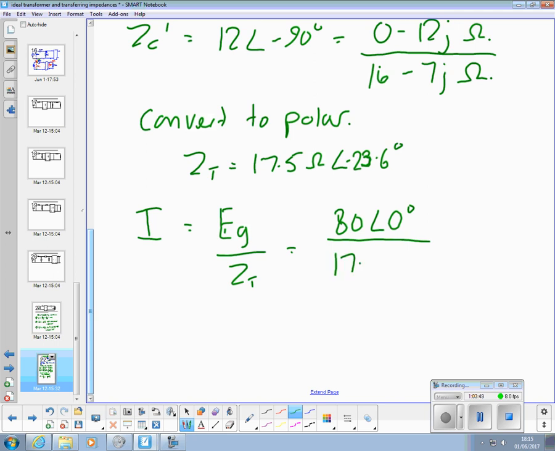It's over 17.5, angle minus 23.6. That gives 4.57 amps, angle 23.6.